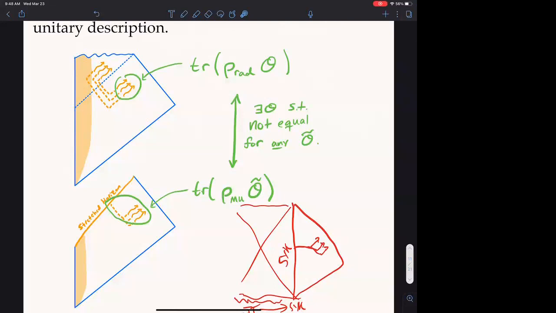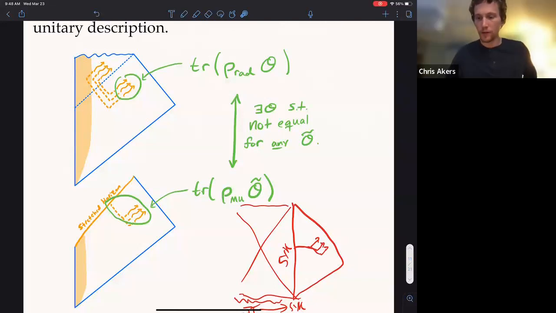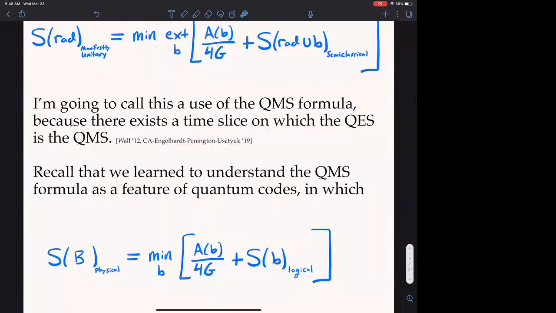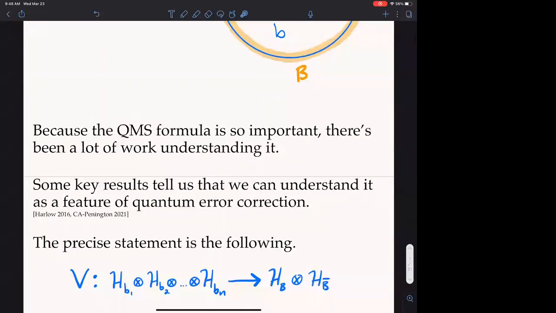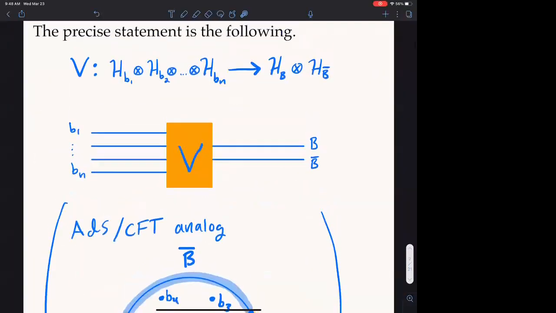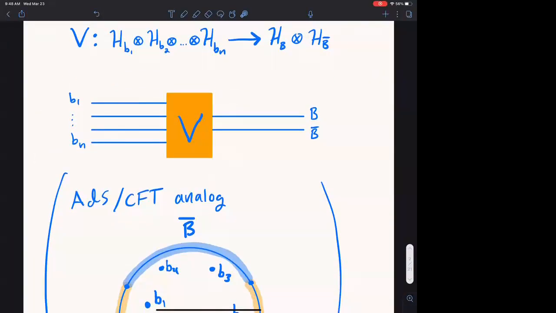But I have another question. When you are saying that you're error correcting, initially you had this picture where you had these small b's and then you had the large b. The large b was the error corrected code, right? Good. Yeah. So here now, in place of the large b, you have the stretched horizon, whereas in place of the small b's, you have the interior degrees.